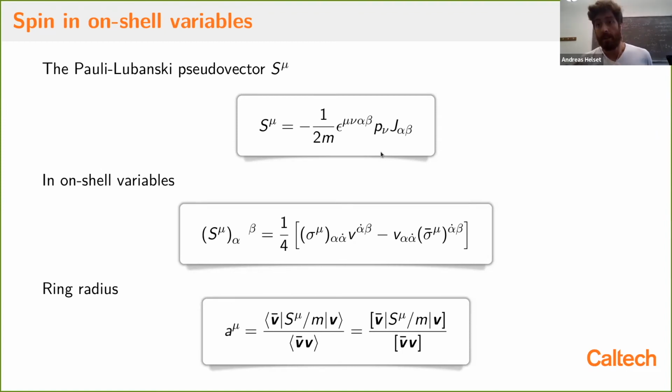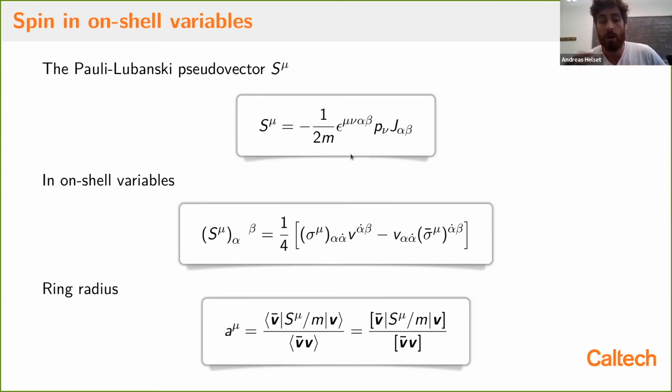And for heavy particles, this p is your choice, but it's very natural to choose this p to be not the incoming momentum or outgoing momentum, because they differ in the scattering process, but to choose it to be the velocity of the heavy particle, which remains conserved throughout the scattering process.